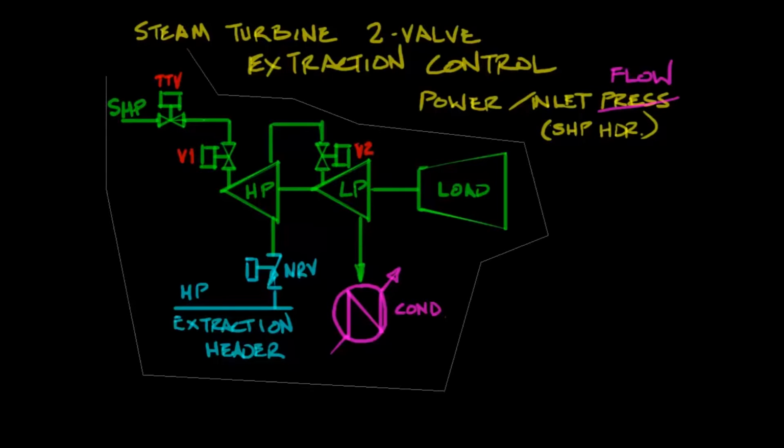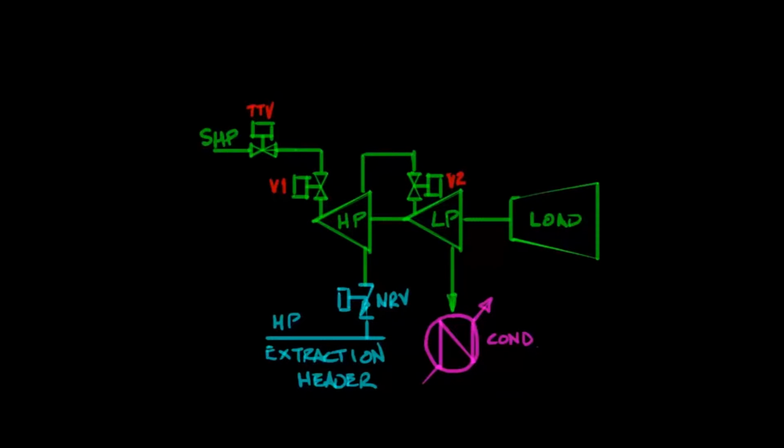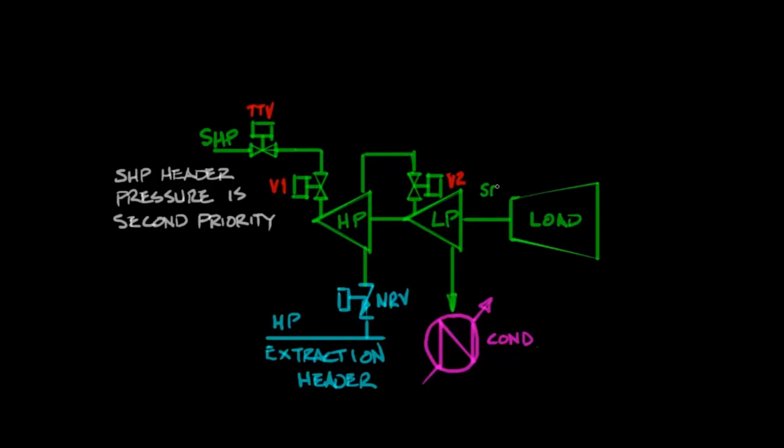So let's take this turbine model and look at it a little more closely. We're going to label the inlet pressure or header, or the inlet flow, steam header to the turbine, the SHP header for super high pressure, and HP for the extraction header.